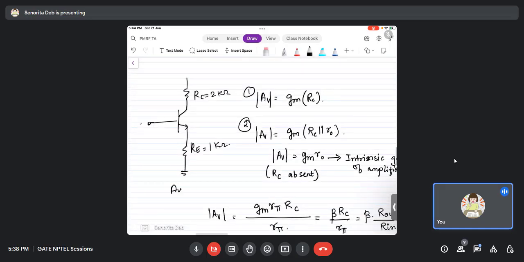If nothing else is given, and you think you are unable to find it out, then there is no other way than to simply divide RC by RE and you get the gain. In GATE, this kind of question can come, where only these two values will be given.